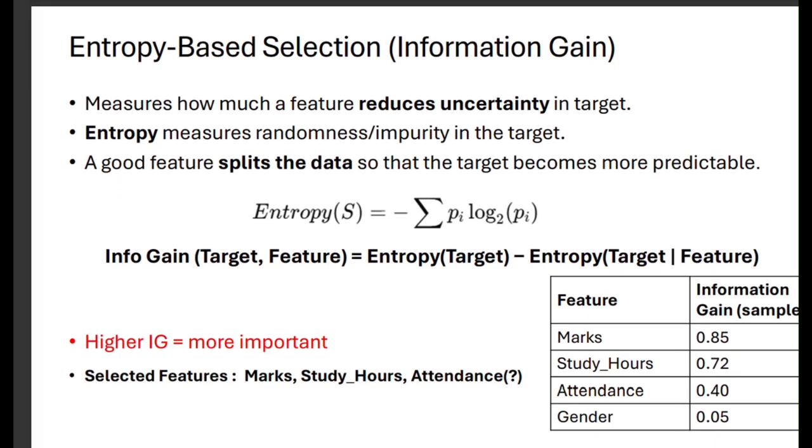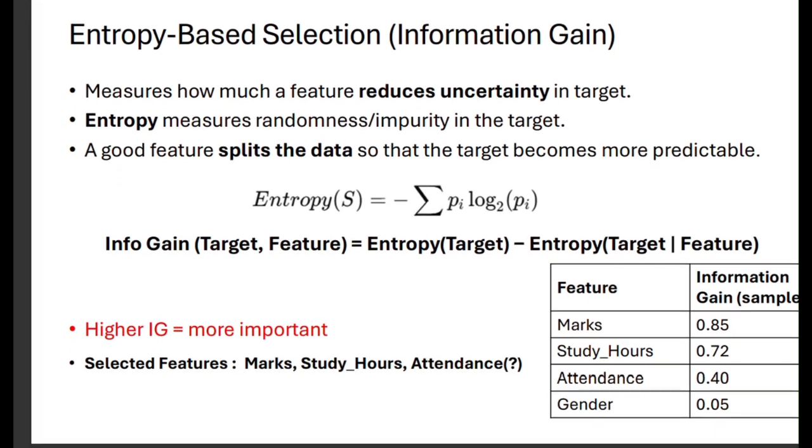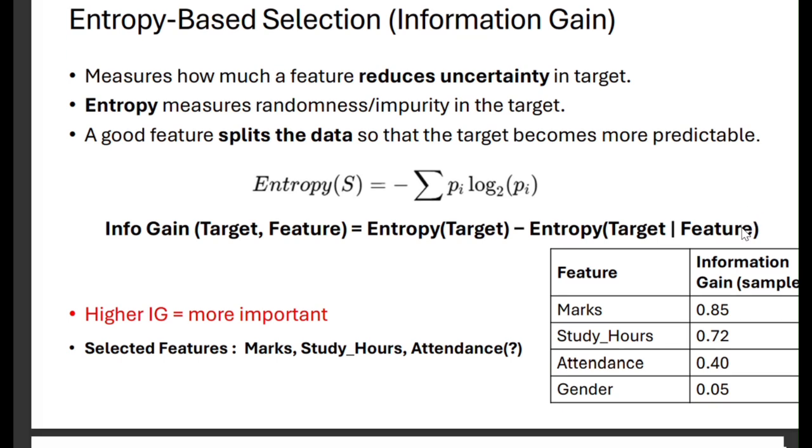Now in entropy based selection, we use the formula as minus summation of pi log pi to the base 2. And information gain IG of target, feature is calculated as entropy of target minus entropy of target given feature.